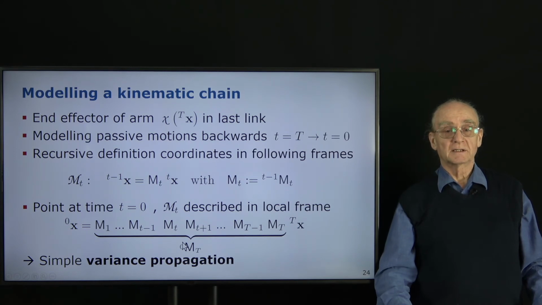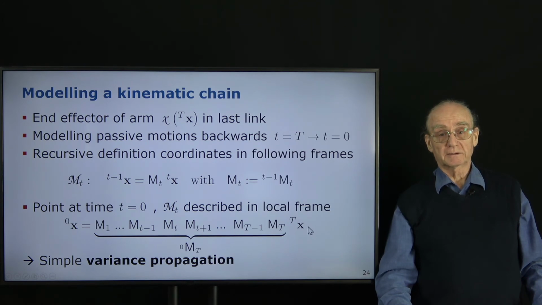And the question is now, why I write this down, is I would like to know how accurate x is in the 0 system, if these coordinates are uncertain, or if the motion parameters in this sequence of motions are uncertain.